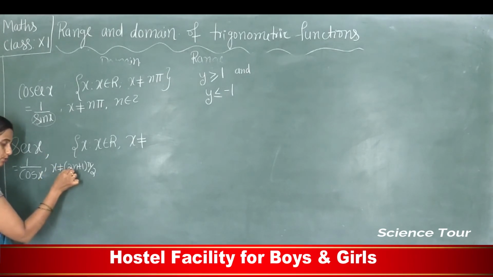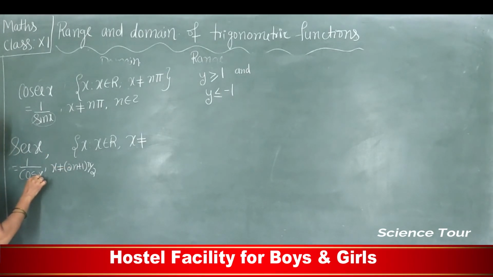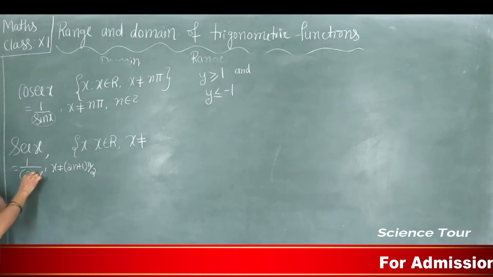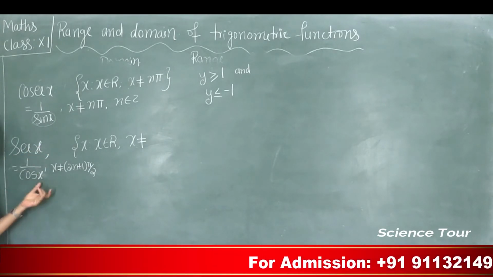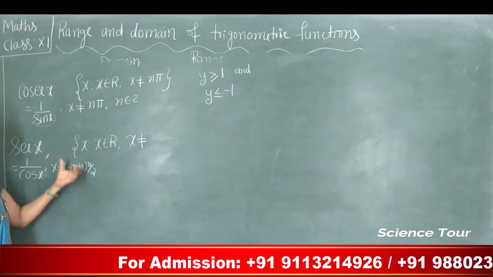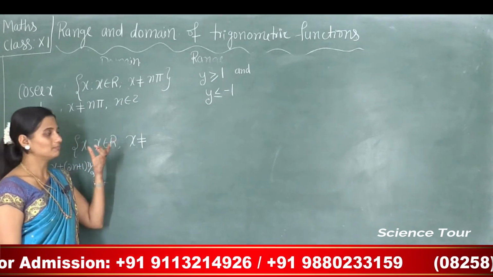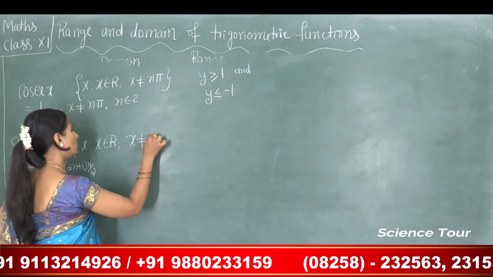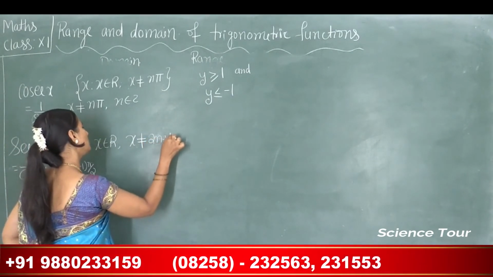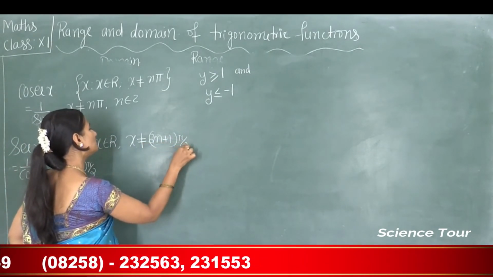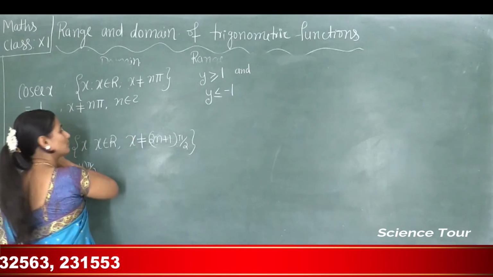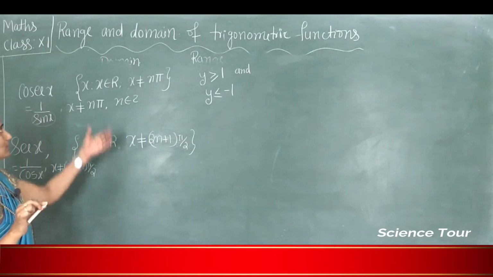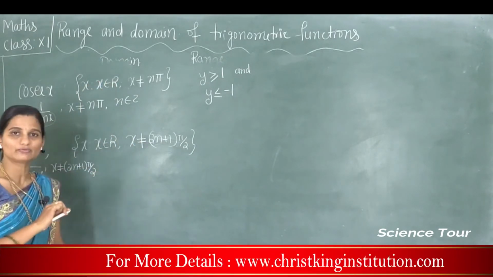At these points the cos value is 0, so 1 divided by 0 is not defined, which means secant is not defined at these points. So it belongs to all real numbers except 2n plus 1 pi by 2, where the function is not defined. That is the domain of this function.